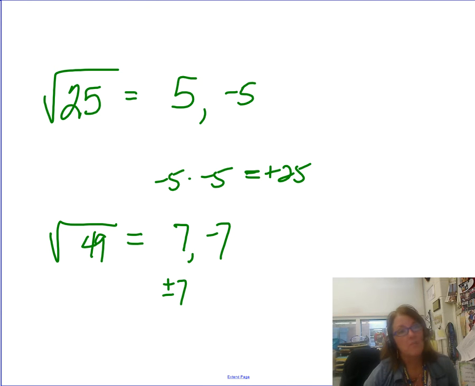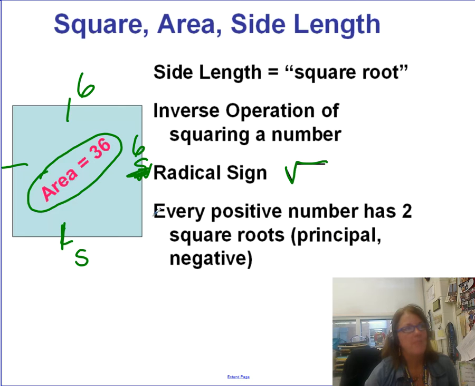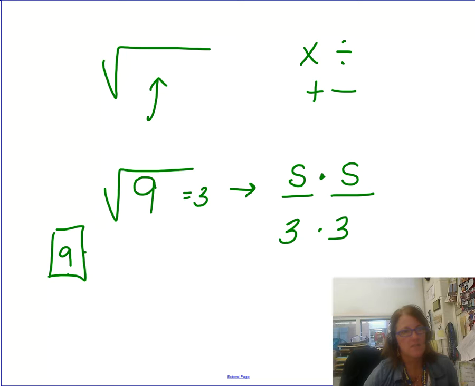However, I am going to tell you that even though every single positive number has 2 square roots, the positive one, which we call the principal square root, there's also a negative square root. Most of the time when I ask you for it, I just want the positive one. However, read your directions carefully so that you understand what the book is asking you.